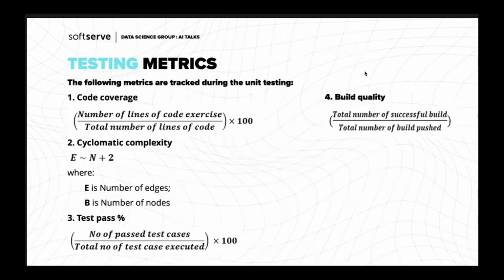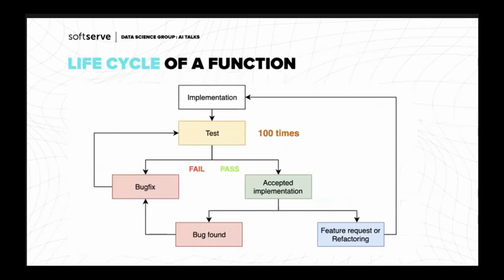It depends on projects. And the fourth metric is build quality, which is calculated as the total number of successful builds divided by the total number of builds pushed. It could also be applied for production projects, not for testing on stage or test environments.